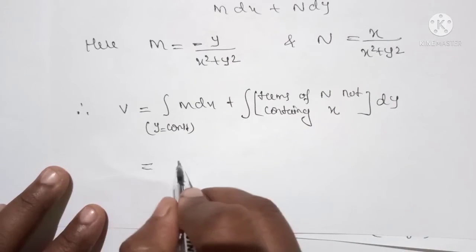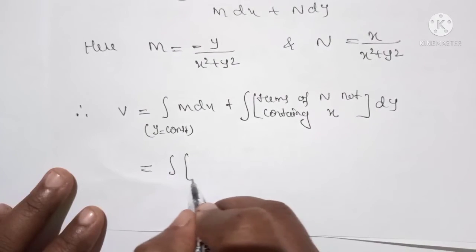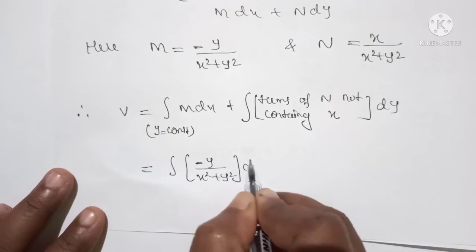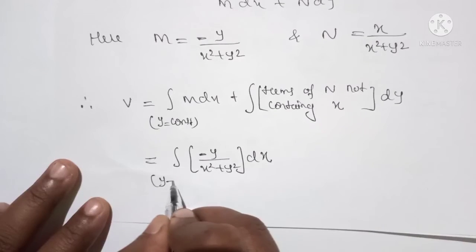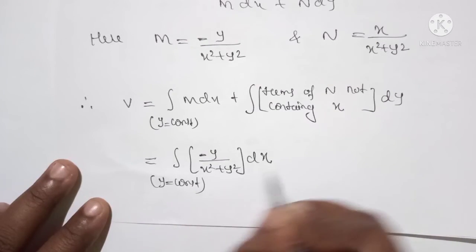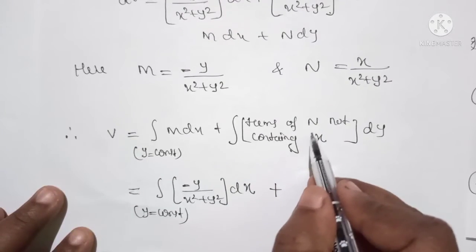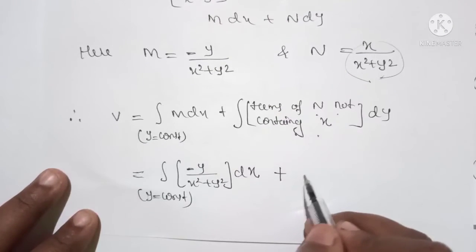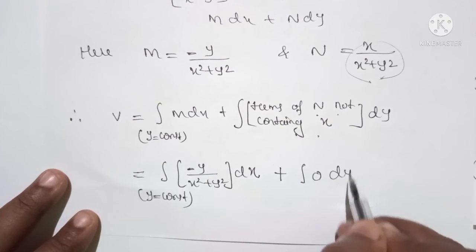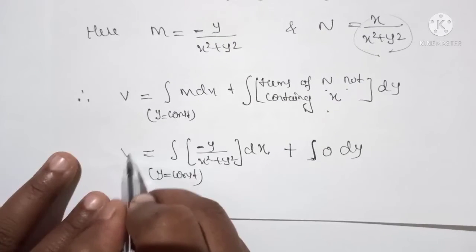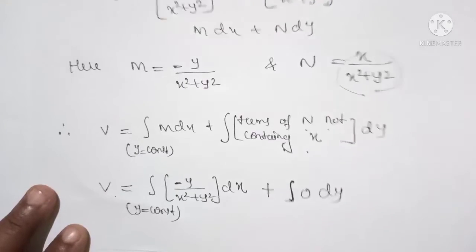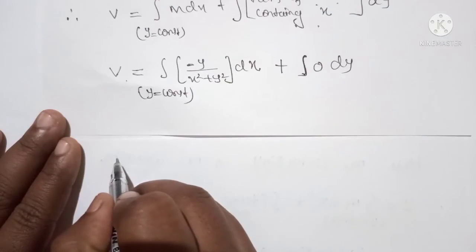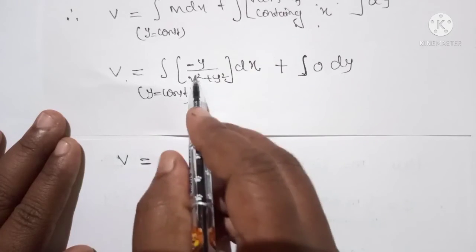So first we write m dx completely: minus y by x square plus y square into dx. Here we have to treat y as constant, plus, now the terms of n not containing x is 0, because it contains x terms. So now integrating this one, we get v equals integration of this one.